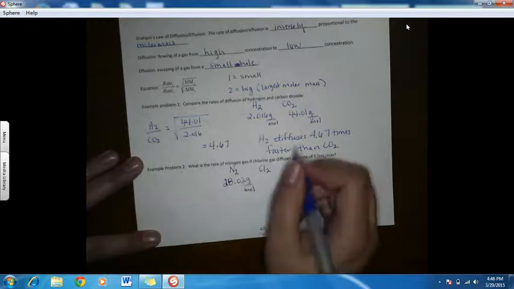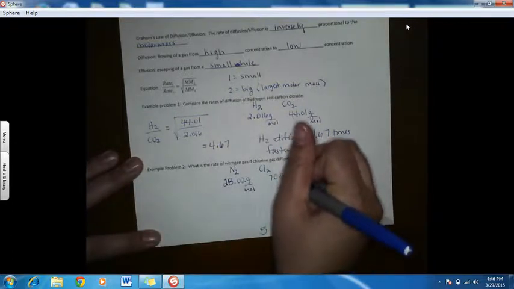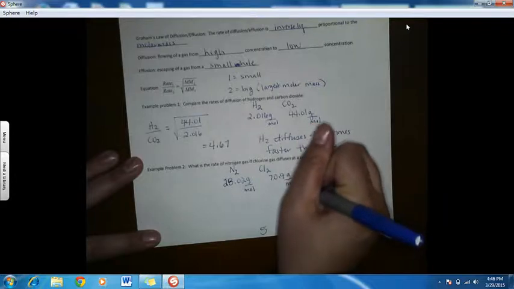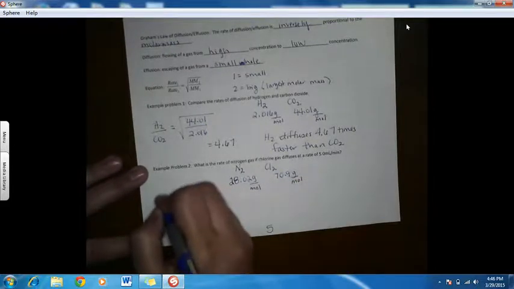Chlorine is 35.45 grams per mole, times 2 is 70.9 grams per mole. So chlorine is the larger one, and we'll call that our number 2 gas. So we'll have our rate of nitrogen over chlorine being equal to the square root of the mass of chlorine over the mass of nitrogen.